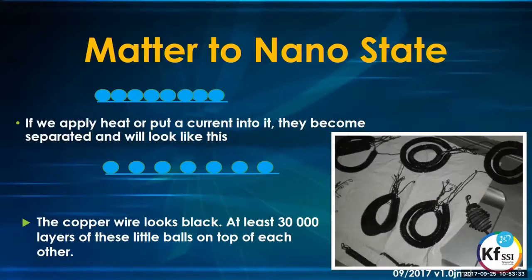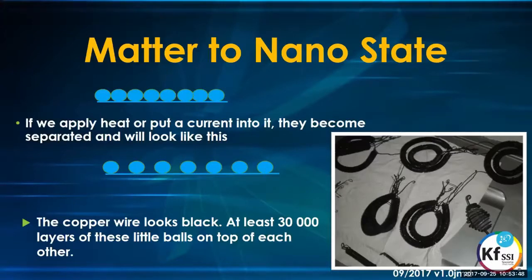So we can see that those tiny balls that were very tightly packed are released, and so they'll find their position, so they'll move further away from each other, still connected, but now they're further apart.